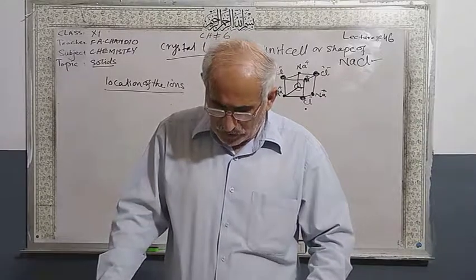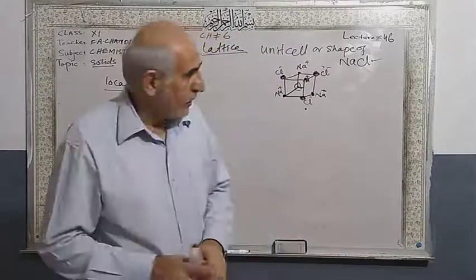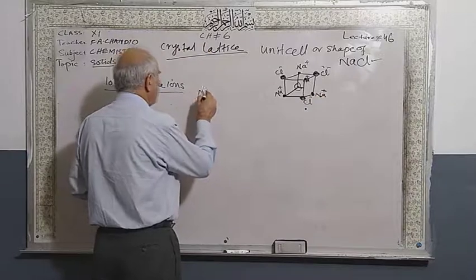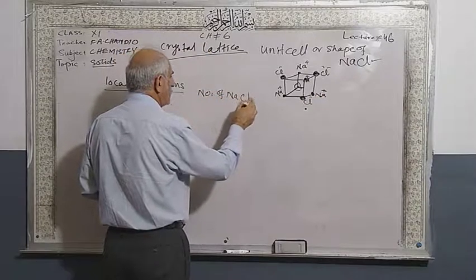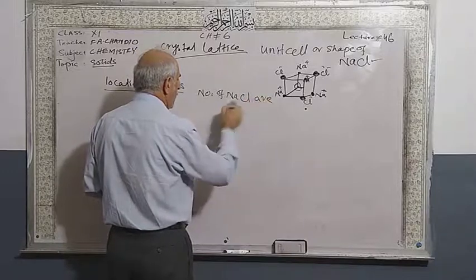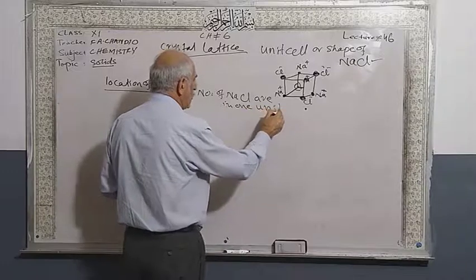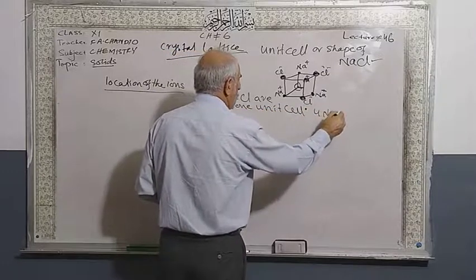Number of sodium chloride units in the unit cell, I already told you: these are the four units of sodium chloride in 1 unit cell, and I told you the answer is 4.